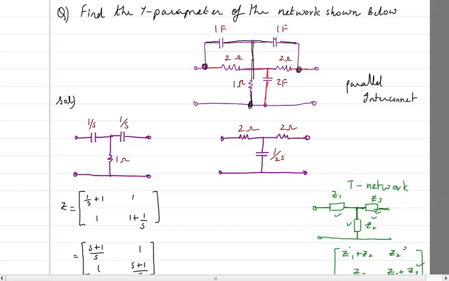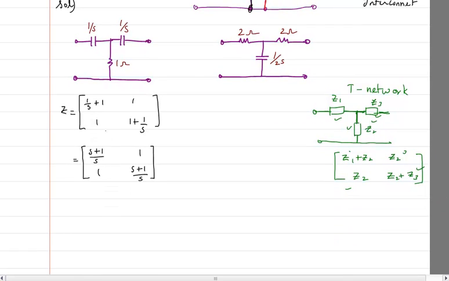So now I have to find the y parameter of this one, and we know that the y parameter is basically given by z inverse, and you all know for z inverse I have to find delta z.